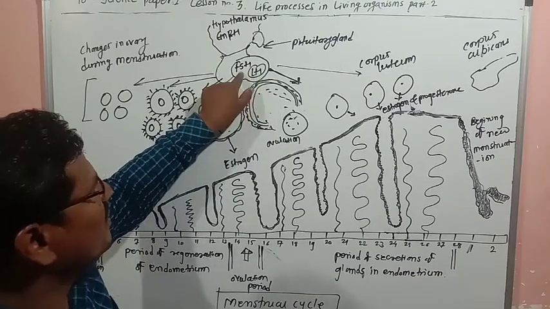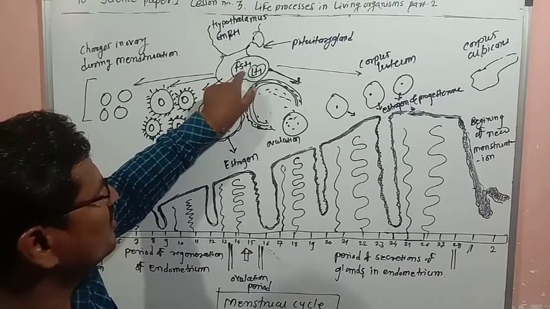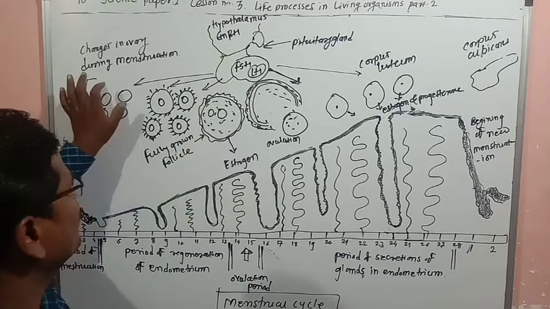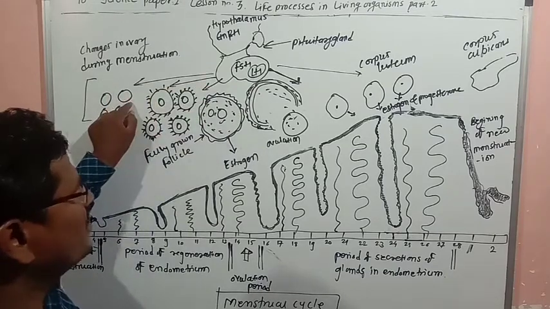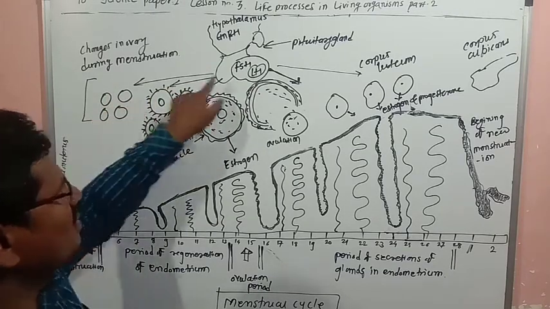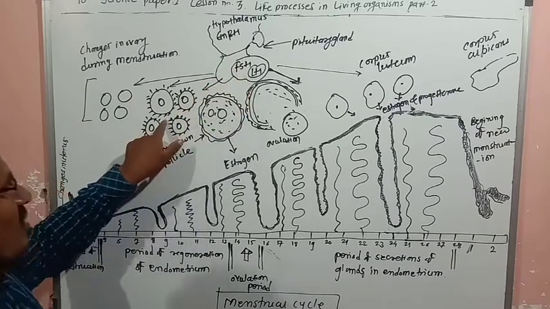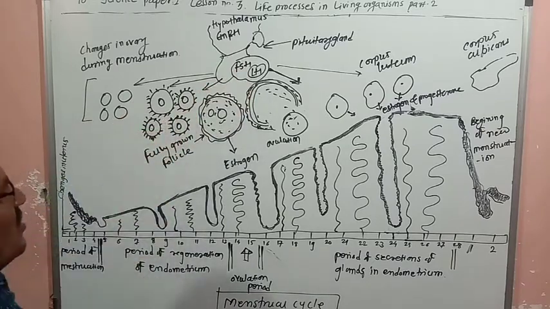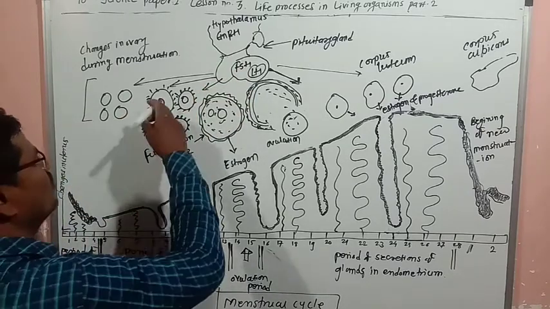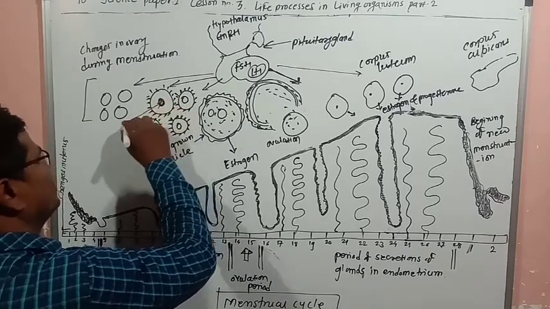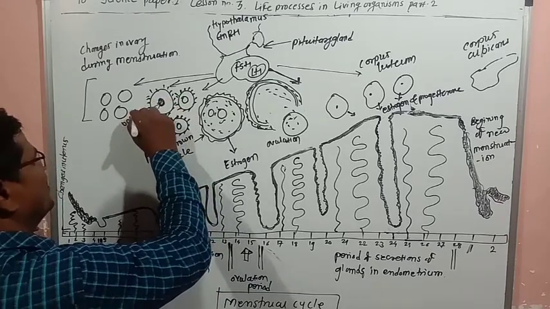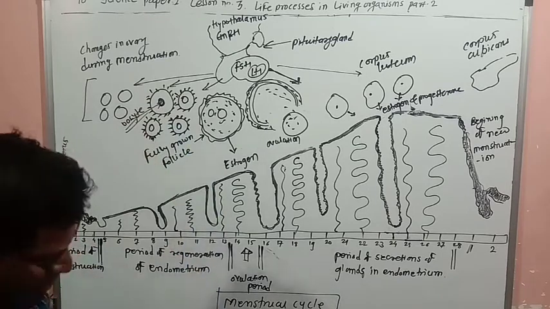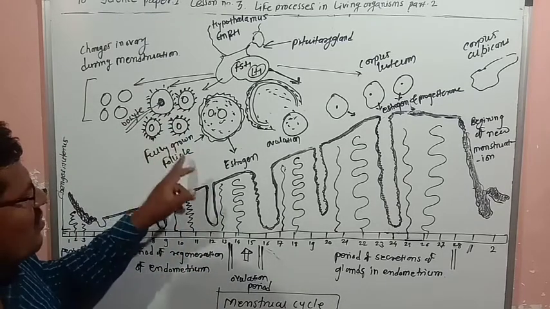The pituitary gland secretes follicle stimulating hormone. Then one of the follicles starts to develop under the effect of follicle stimulating hormone, along with the oocyte, the egg cell inside it.